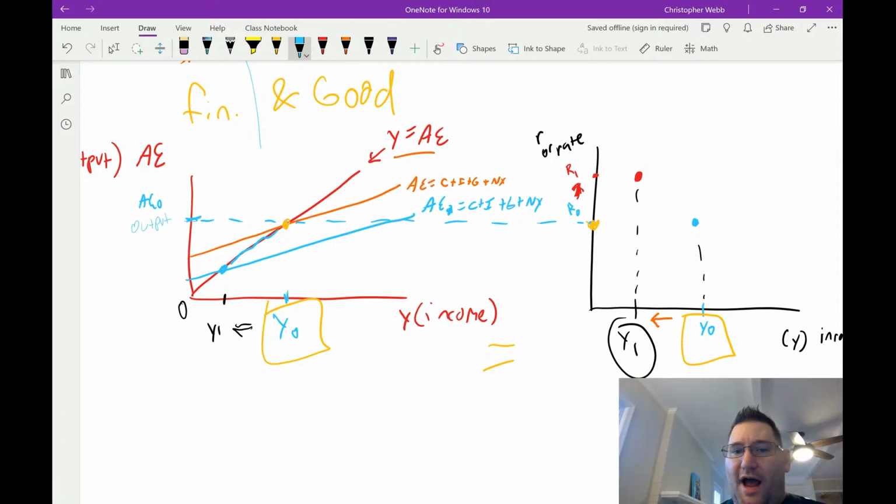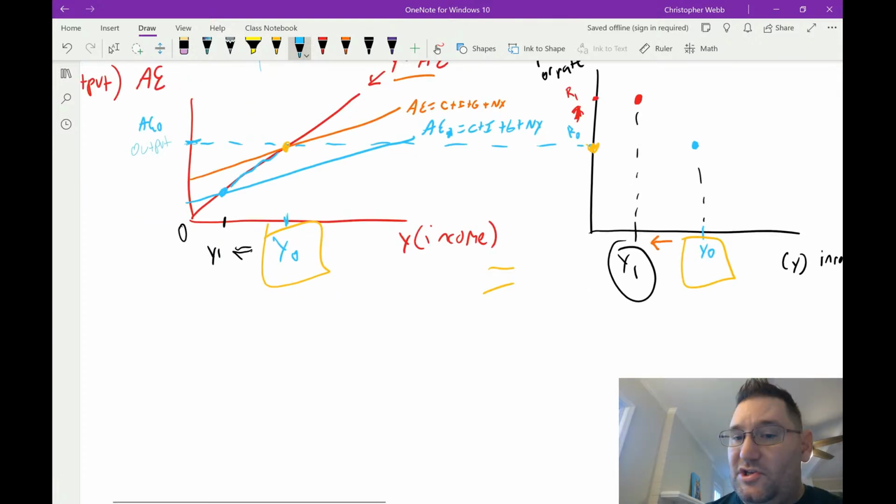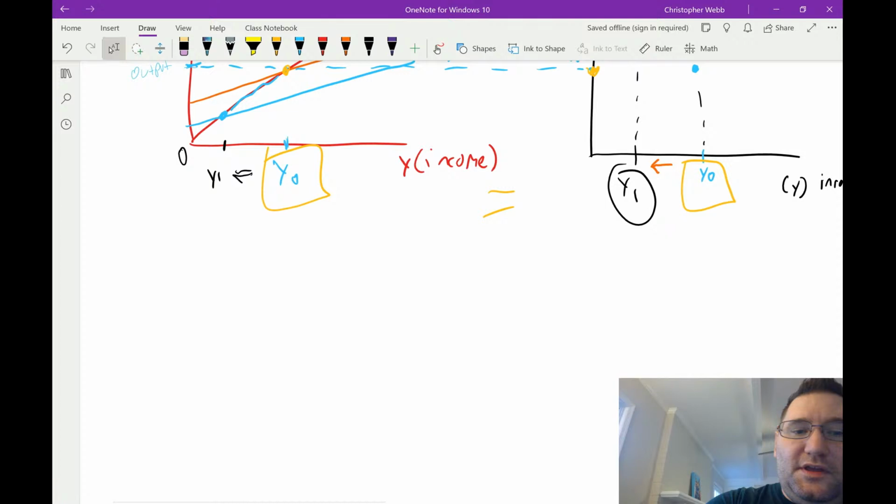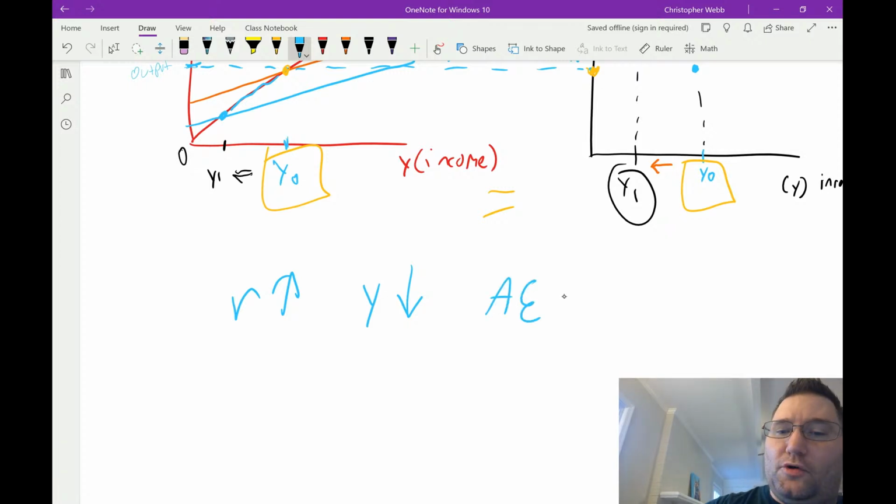All this graphing to show, which most people know intuitively, when the interest rate increases, our income decreases and our aggregate expenditure or output decreases.